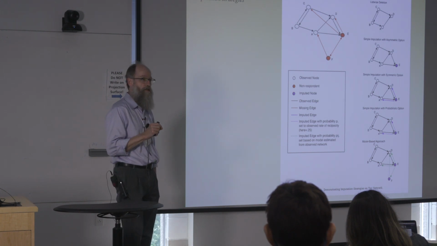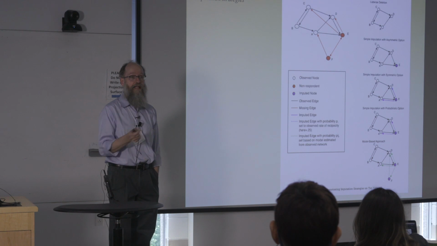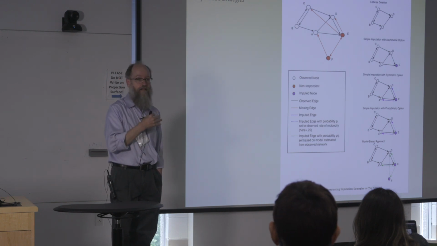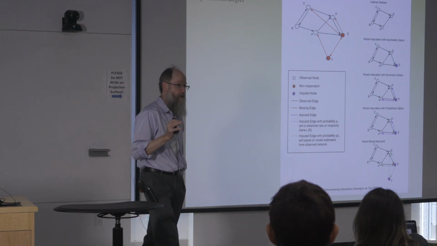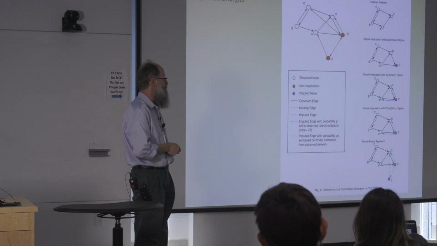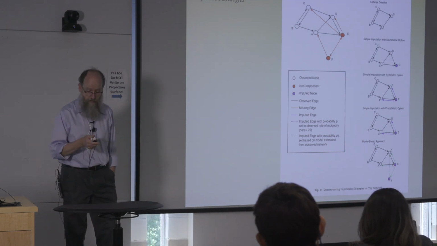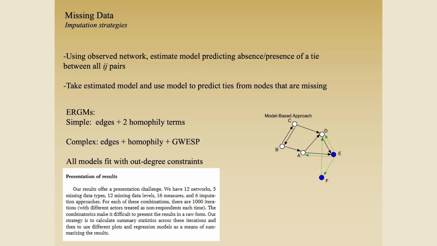So the ergm package and the statnet package in particular now make it possible to just add the NAs into the data set, and it'll just automatically do this for you. So really, it used to be that this kind of modeling was the hardest thing to do. Now if you're doing any of this, it really is pretty straightforward. All right. So we fit two kinds of models to the data.